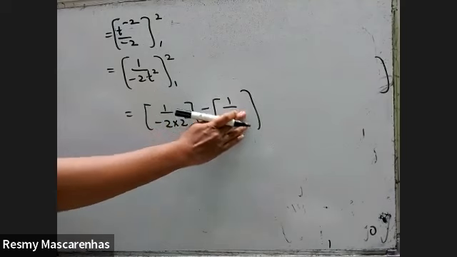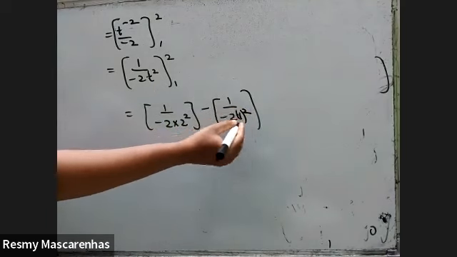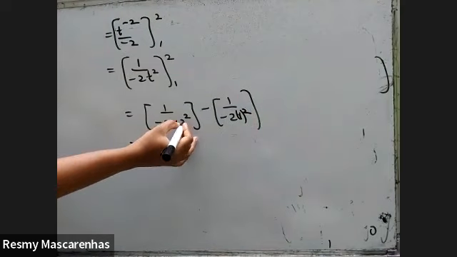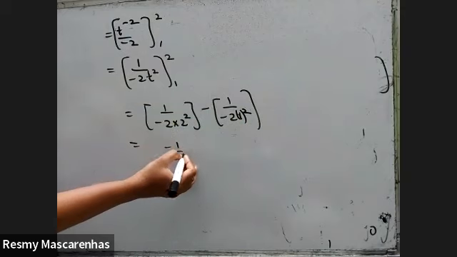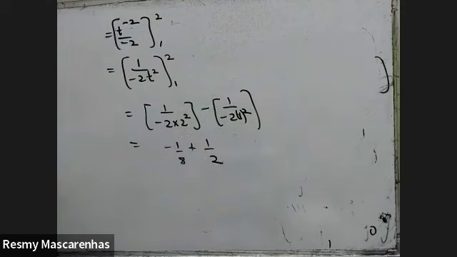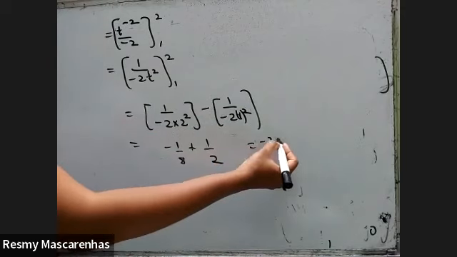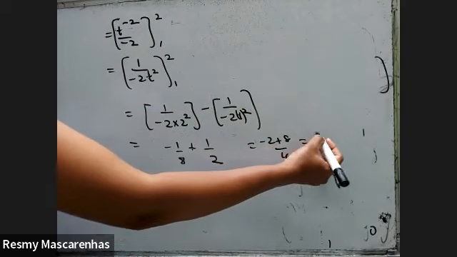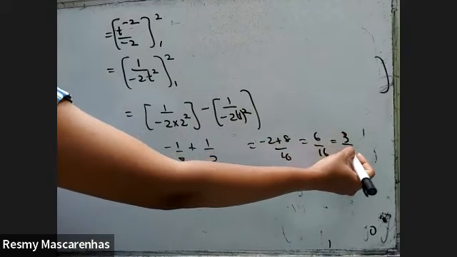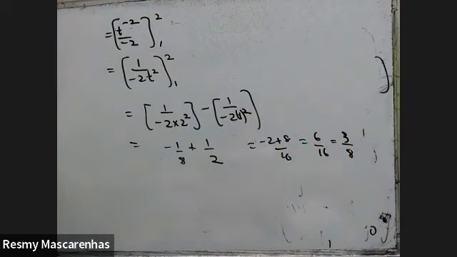Wherever there is t, we have to put 1. So this is 4, so minus 1 by 8. Minus into minus is plus 1 by 2. Minus 2 plus 8 by 16, 6 by 16, 3 by 8 will be the answer.